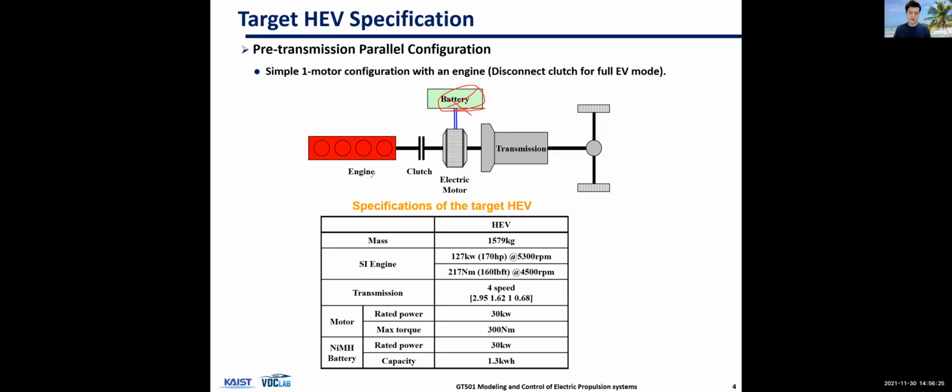Instead, we need to develop a more accurate engine model. In the fuel economy optimization problem, we modeled the engine as a quasi-static map, right? But in this problem, we are looking at a shorter time horizon. So when you start the engine, we're looking at less than 1 second, right?